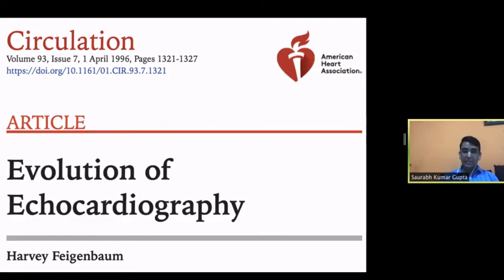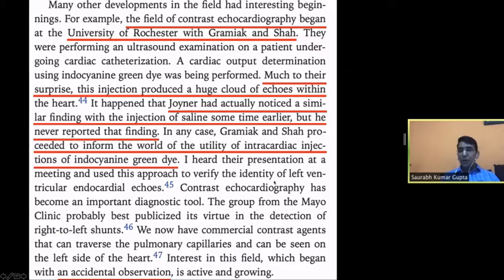He said that the field of contrast echocardiography was started at the University of Rochester with Gramiak and Shah. According to him, this was an accidental observation, although he also claimed that Joyner was the first one to similarly find the saline contrast echoes, which was later picked up by Gramiak and Shah, and they worked on it.